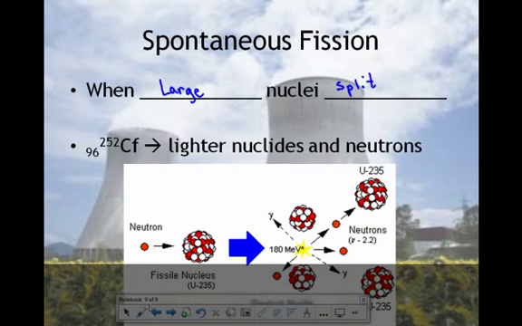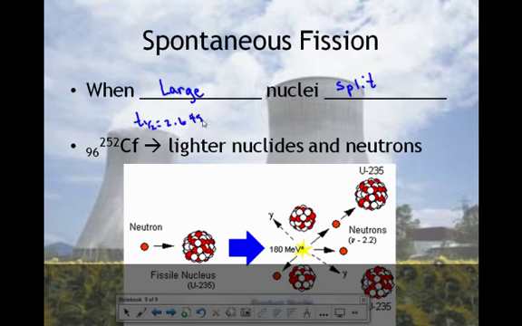Californium, for instance, is a common isotope used to get fission products. Californium-252 is the most common isotope, and it has a half-life of about 2.645 years.